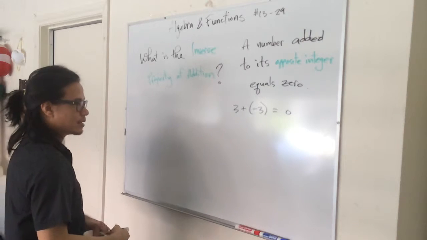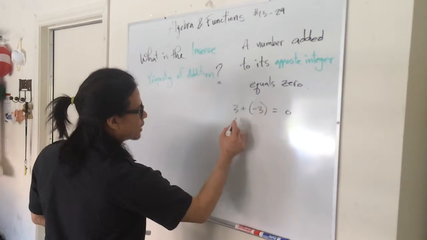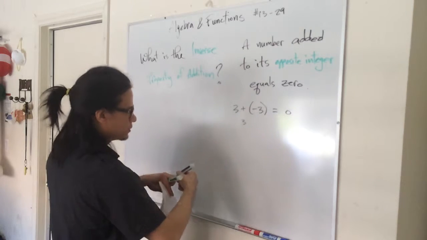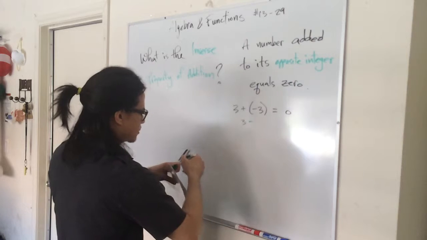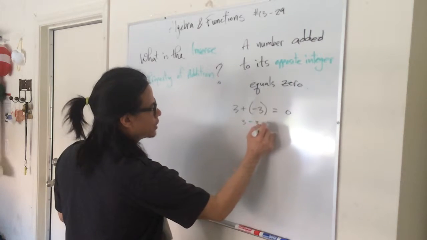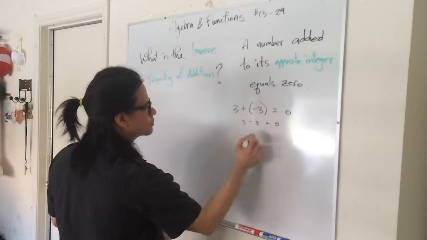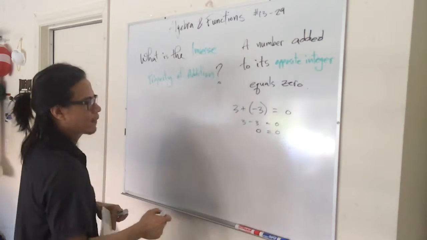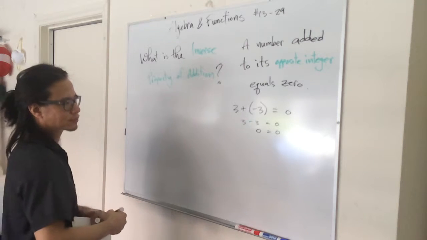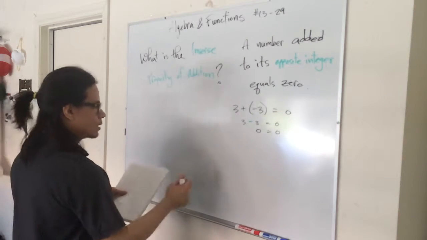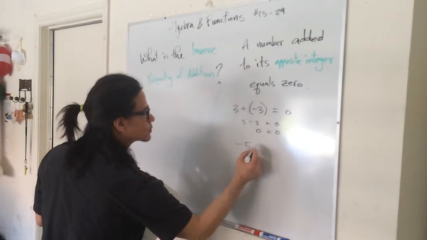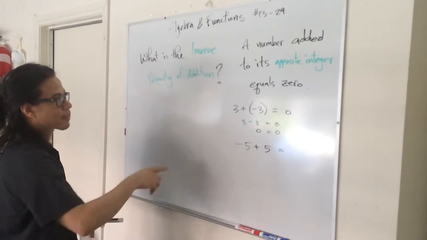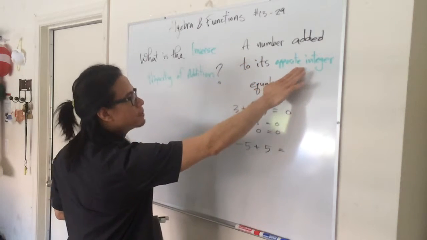And you can justify that by saying that, remember when we have a plus and a minus next to each other they become minus? So 3 minus 3 is equal to 0. Negative 5 plus 5 equals, well, a number added to its opposite integer.